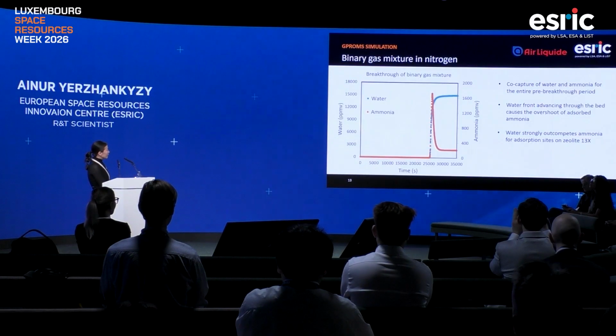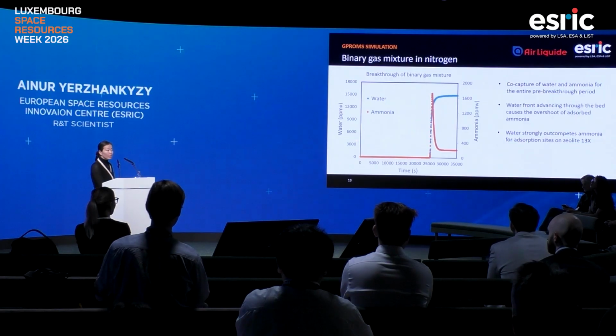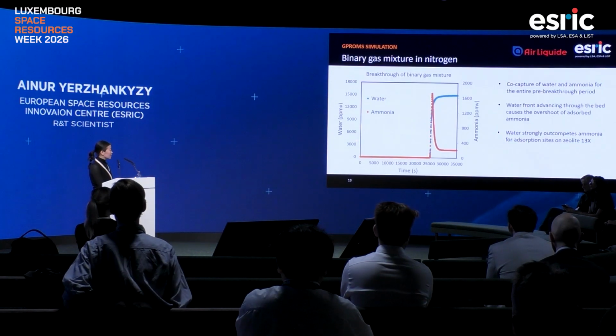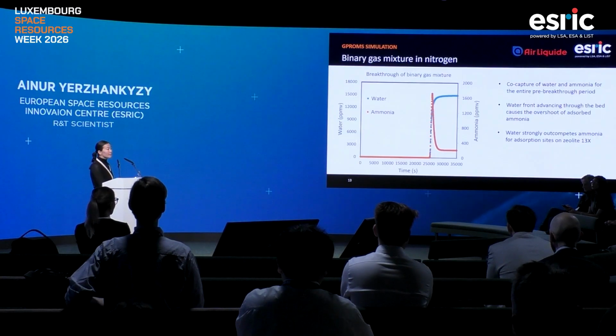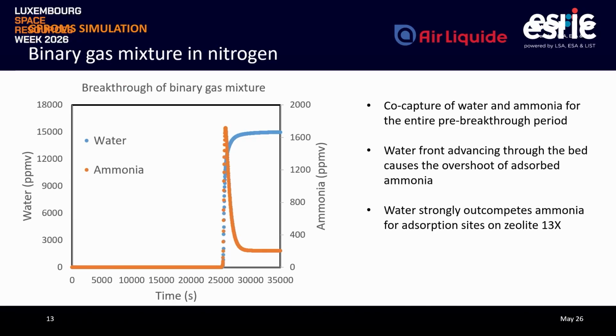So here you see how the breakthrough curve looks when you have water, ammonia and nitrogen. The first thing that is clear is that both of them co-adsorb simultaneously until we see the first breakthrough of water coming out. The good news is that our simulation predicts that zeolite 13X will favorably adsorb water.